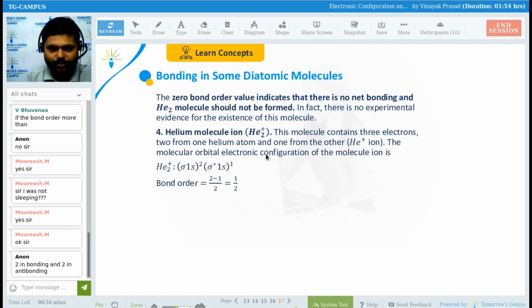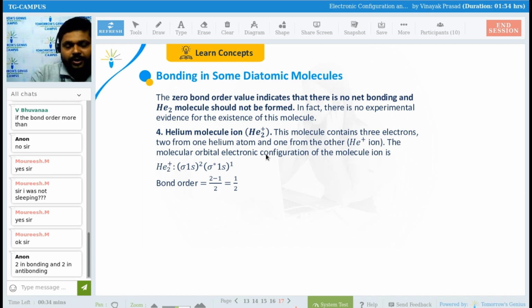If the bond order is 0, then what kind of molecule will it be? Either paramagnetic or diamagnetic in nature. See here guys, a 0 bond order value indicates that there is no net bonding and the He2 molecule should not be formed. It means it is neither paramagnetic nor diamagnetic.